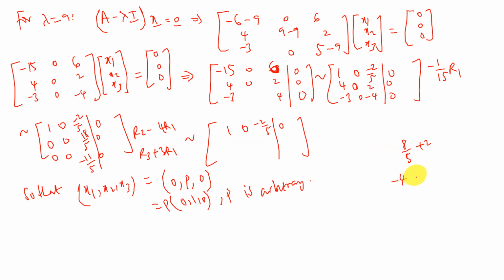And then plus 3, which is 6 out of 5. What is this? Minus 26 out of 5. So we need to change this one. So it's minus 26 out of 5.